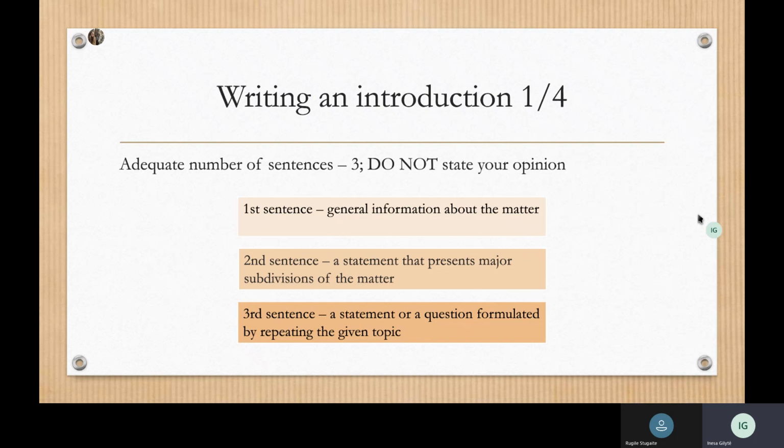Before I begin, it's useful to say that I checked the previous exams of English language, and I saw that from 2010 to 2019, only opinion essays were prevalent.